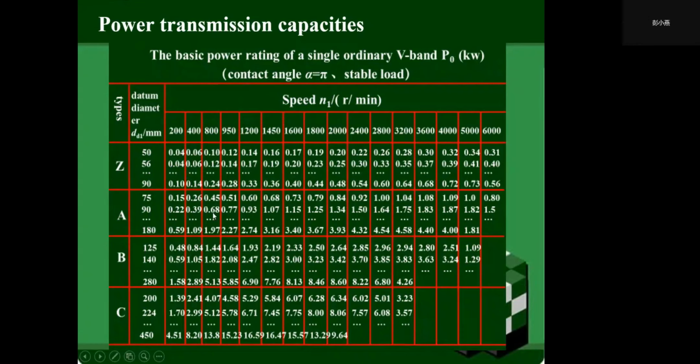Then we can obtain the value of P0, the basic power rating on a single ordinary wave band from this table. And for other diameter and speed not occurring in the table, we can obtain the P0 by interpolation.